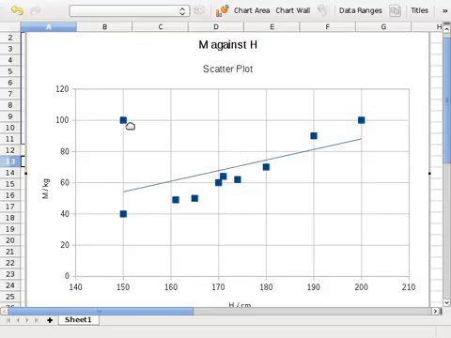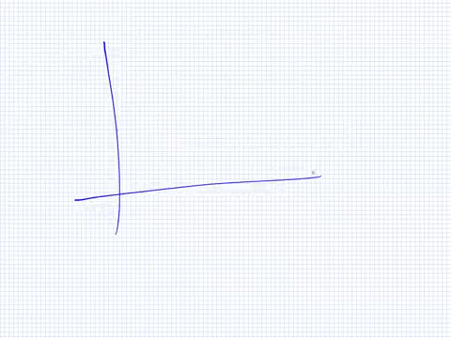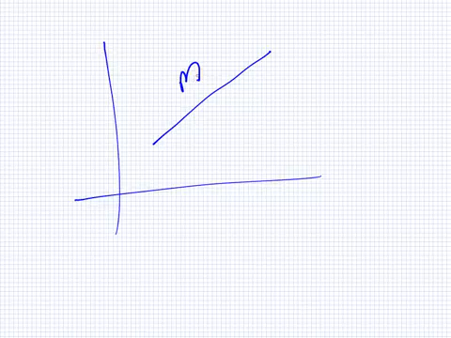Okay, now, other questions they could ask you from your graph is they could ask you to estimate the slope of the line, the m. So what you do for that, if you have a line and you want to know the slope, you draw a triangle like this. It doesn't matter, but the bigger the triangle, the better.